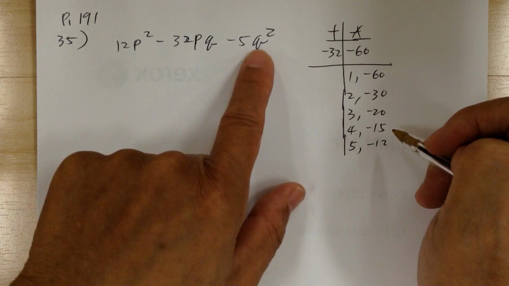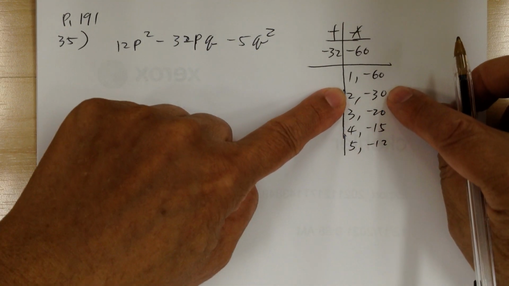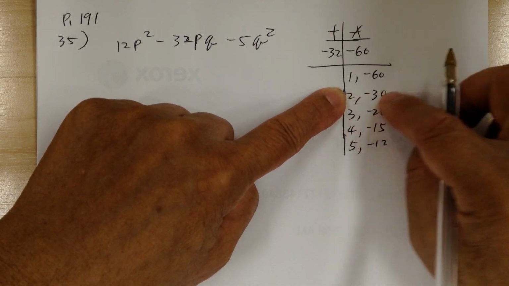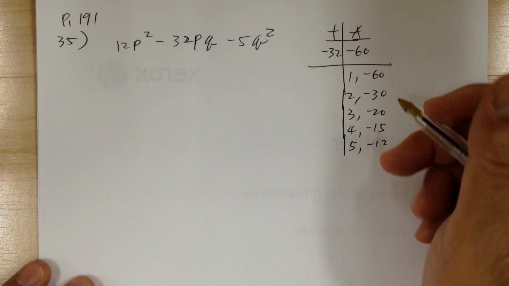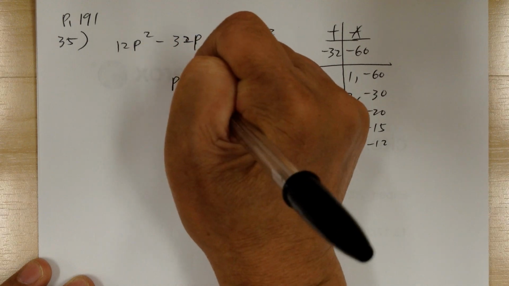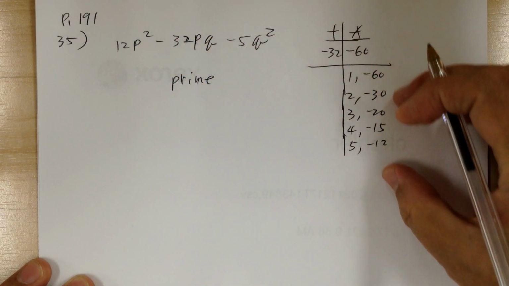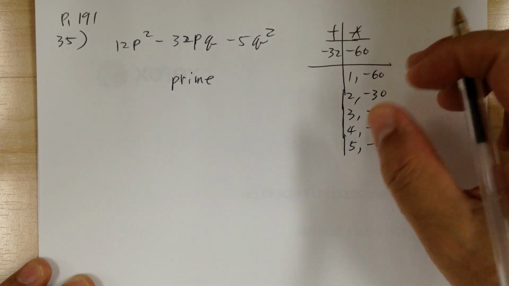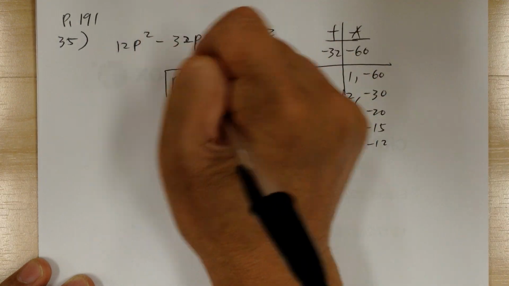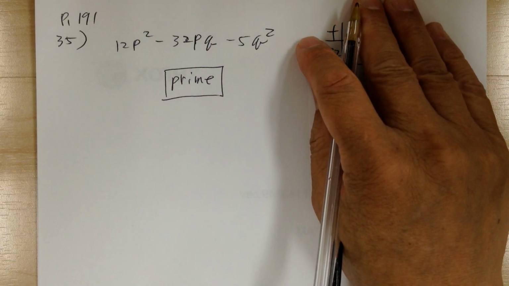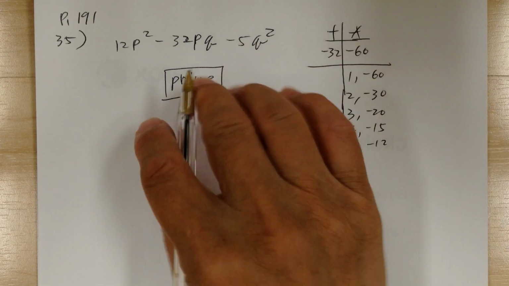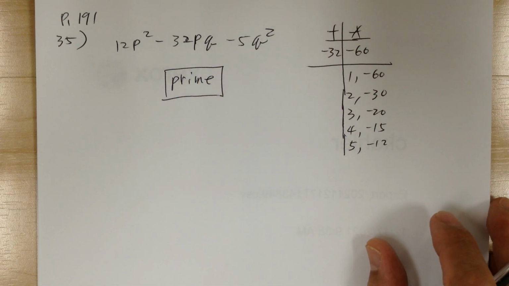Notice none of this is going to give you the 32. This is the closest you're going to get, but the sign is not correct; this will give you negative 30. So this is also not factorable. This is prime. That's the reason you want to make the list, so you can see none of it matches. If you do it in your head, you're not going to know if you missed something or it's not factorable.